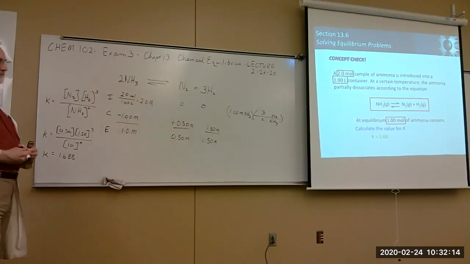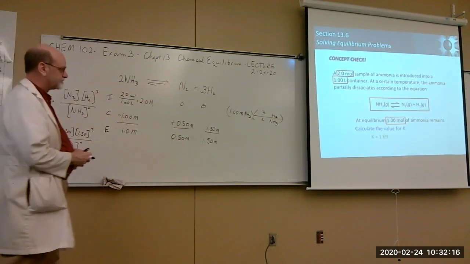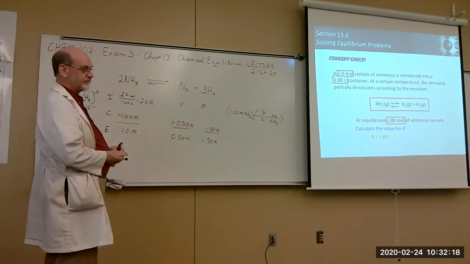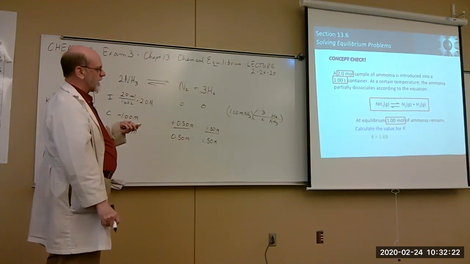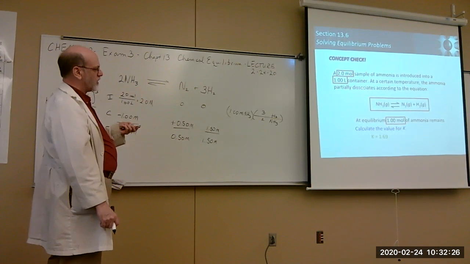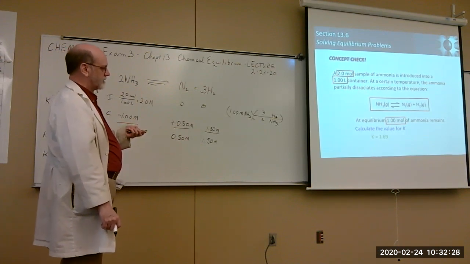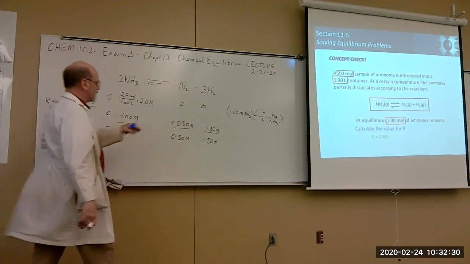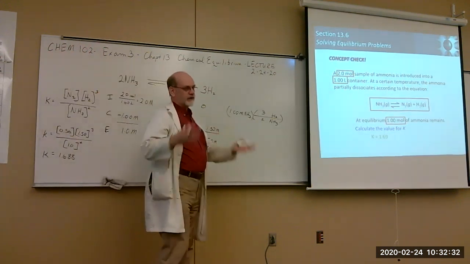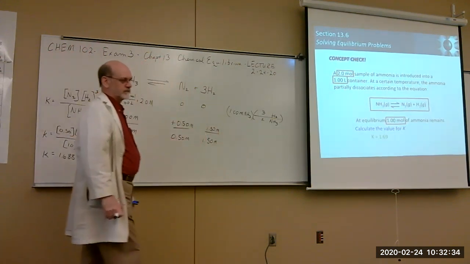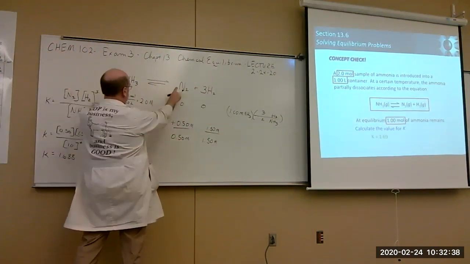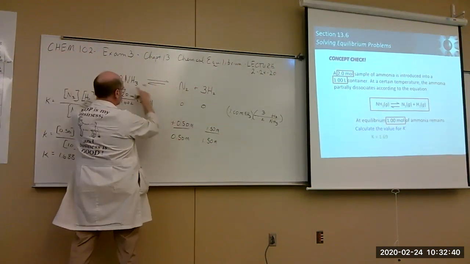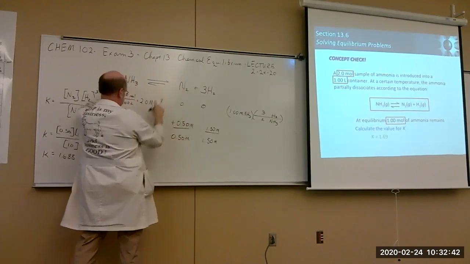And the reason why you put 0, 0 for those is because it was given to you. A 2-mole sample of ammonia is introduced into a container. The ammonia partially dissociates. It doesn't say anything about these concentrations, so you have to assume that they're 0. So where did the 0.5 come from? The 1/2. You got 2 of these, you only got half as many of those.